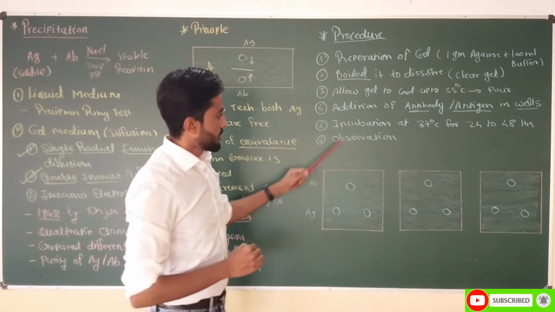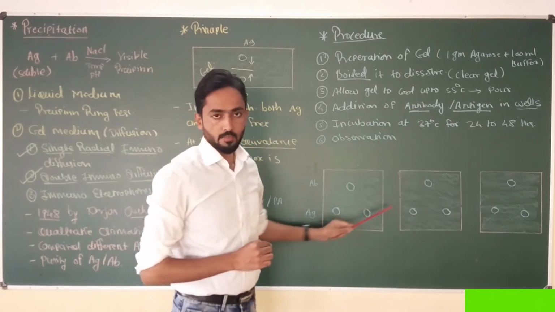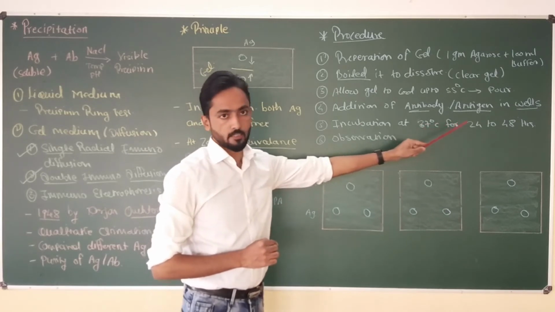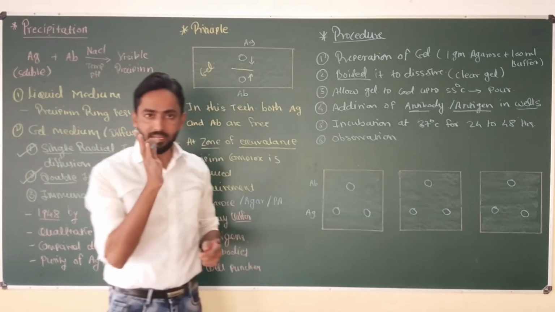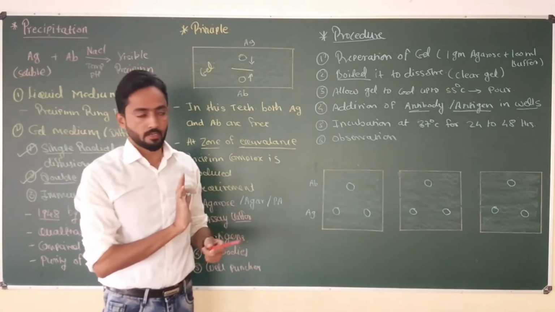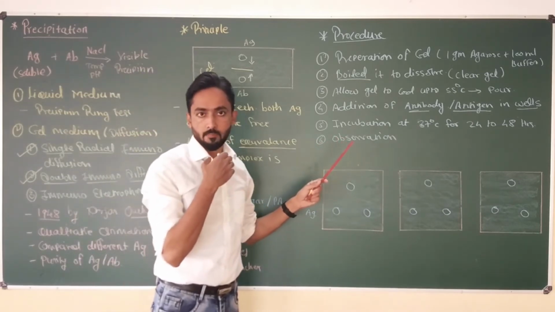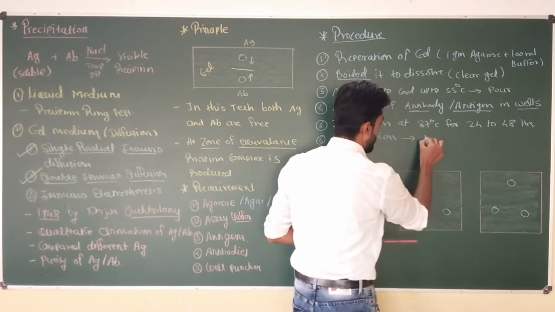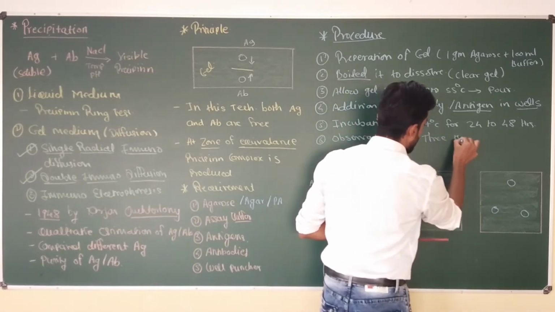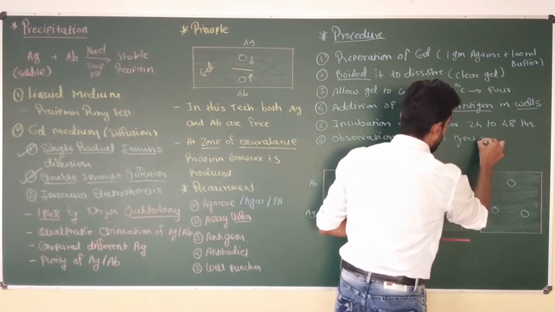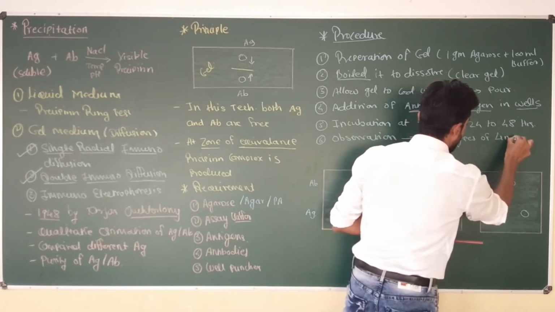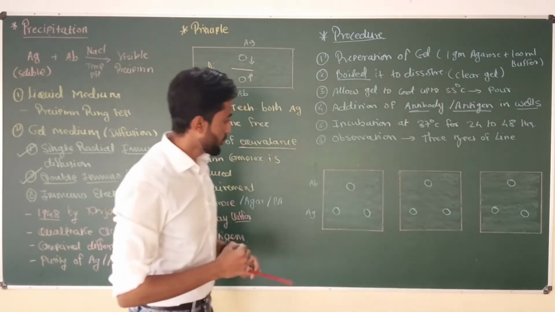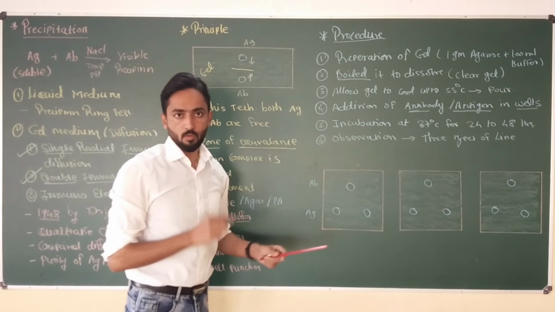After that, we incubate the plate at 37 degrees Celsius for 24 to 48 hours in moist condition inside the incubator. The next day, we see the results. Three different types of precipitation line can be obtained. We're going to discuss each result one by one.